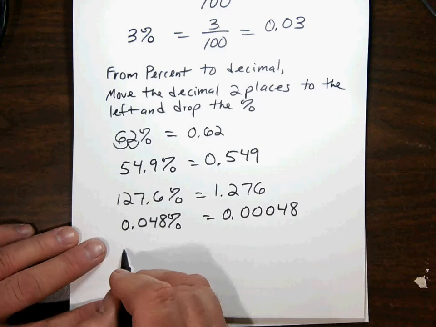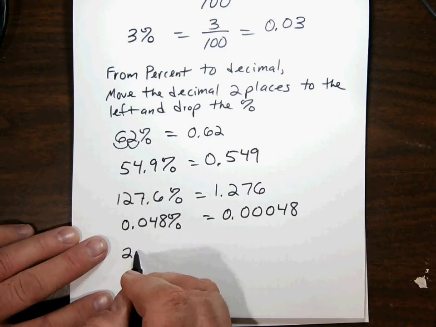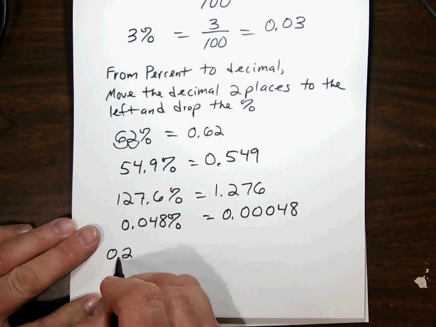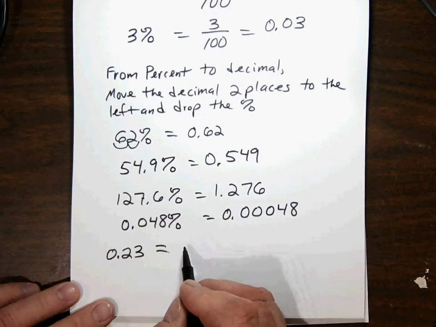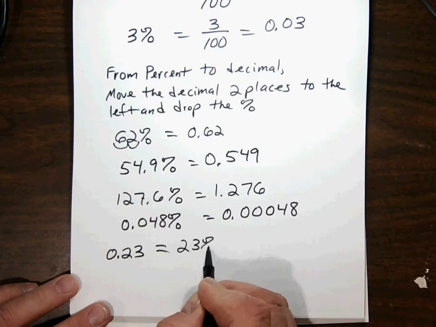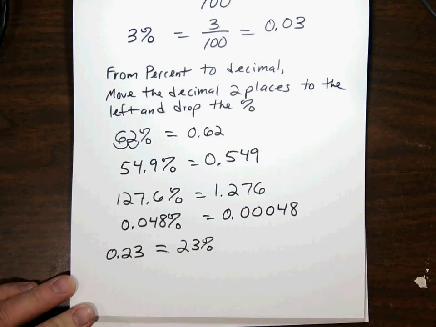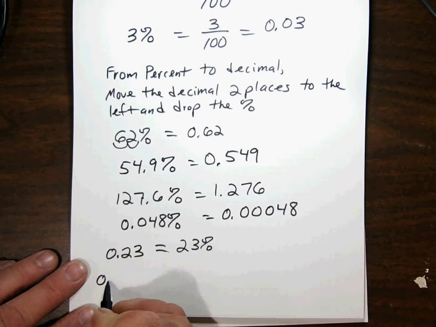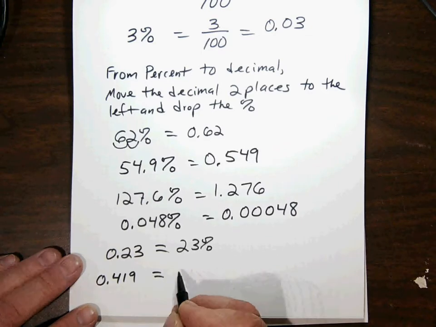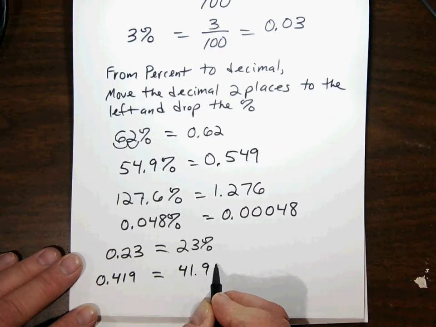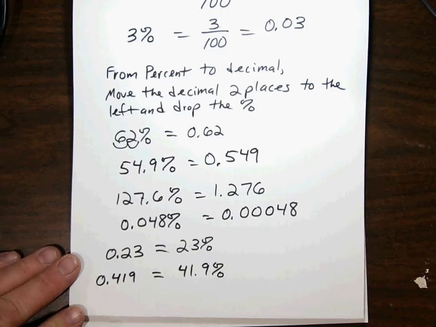So 0.23, 2 places to the right, 23%. 0.419 is going to be 41.9%.